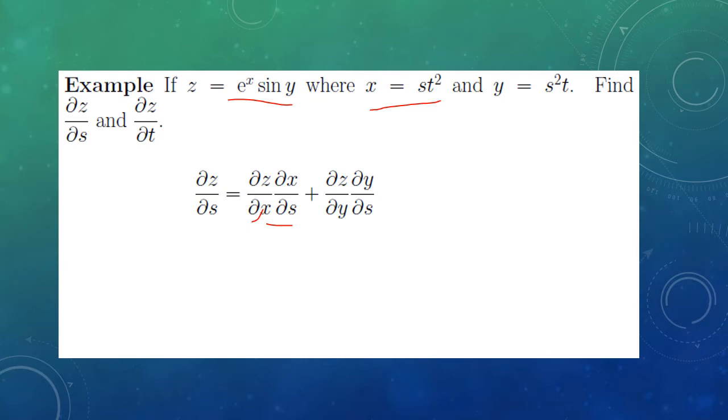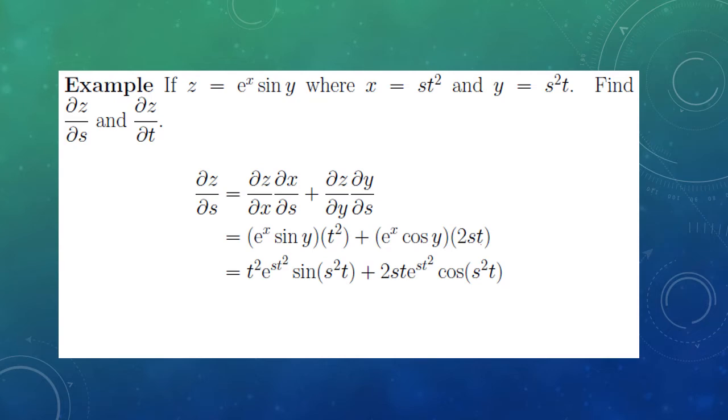If we do that, we get this line here. Since we're not plugging anything in to get an actual number, it'd be good to write everything in terms of s and t, so I plugged in what x is and what y is, and then rearranged, and I end up with this as my first term, and this is the second term.